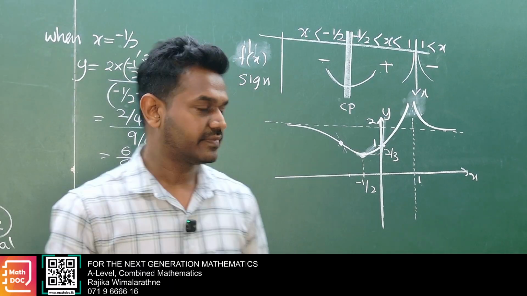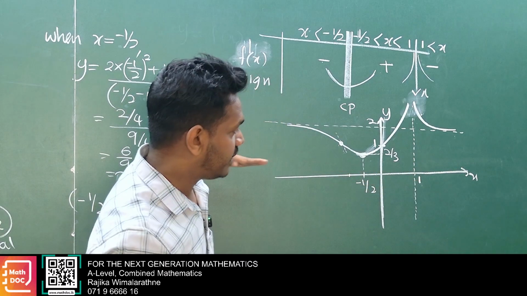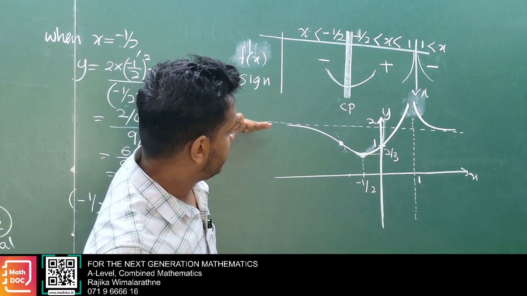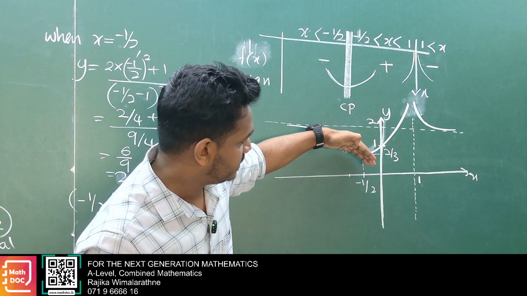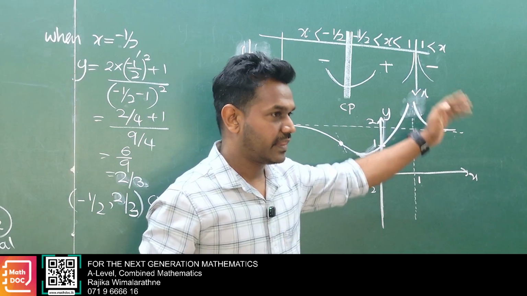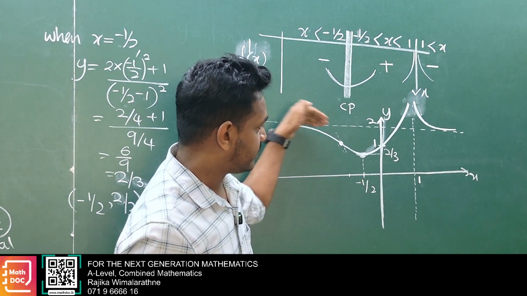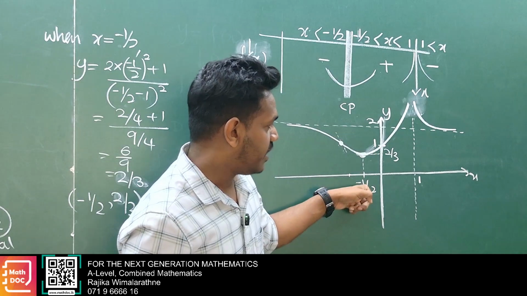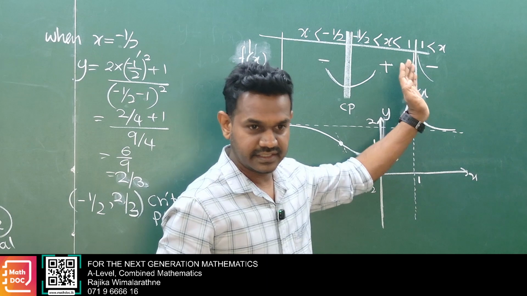So when you go left to right, here decreasing, then it starts increasing. Minus infinity to minus half, the function is decreasing. Then minus half to 1, it is an increasing region.